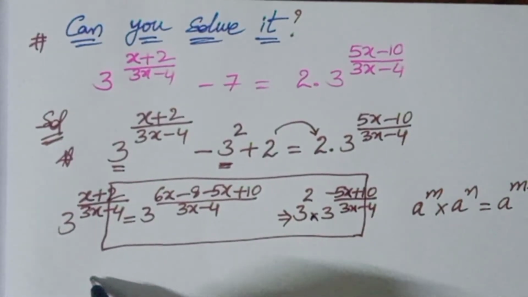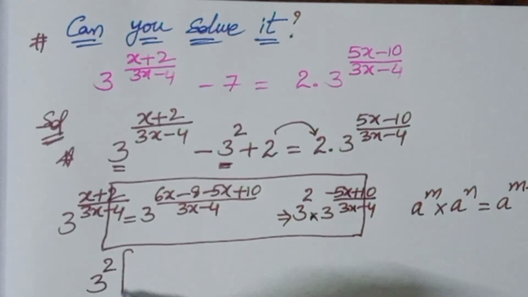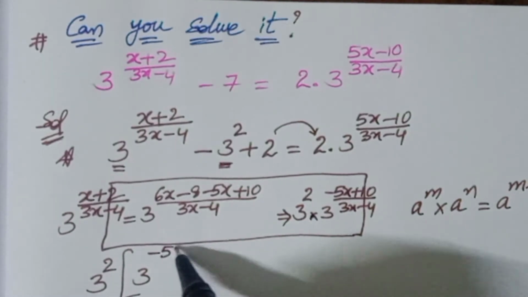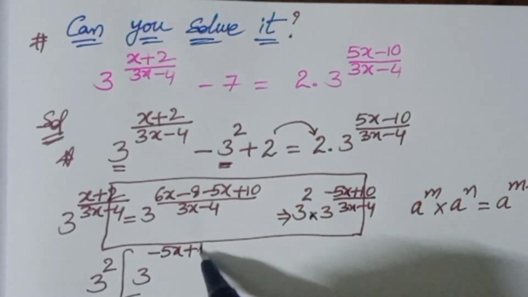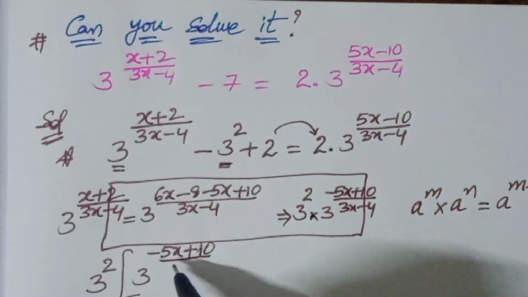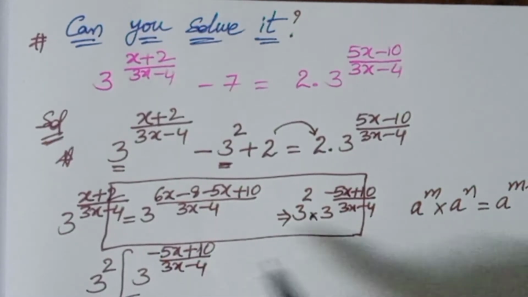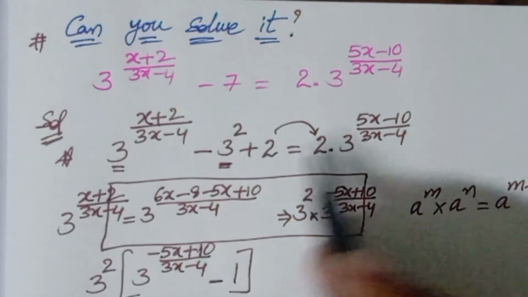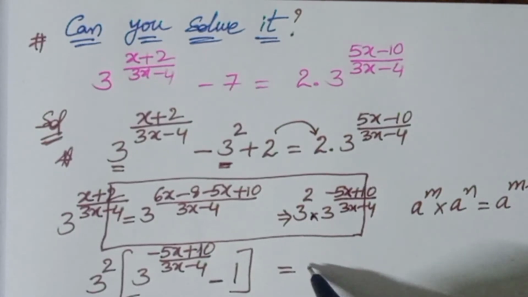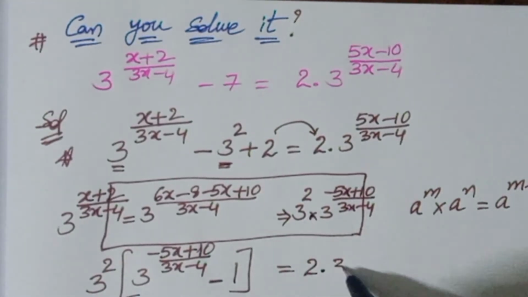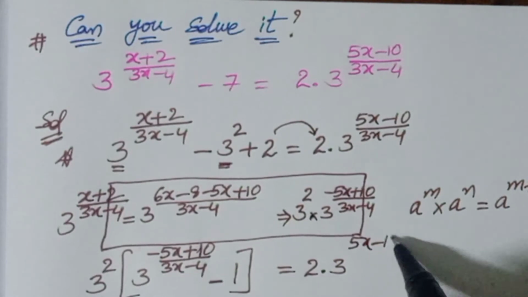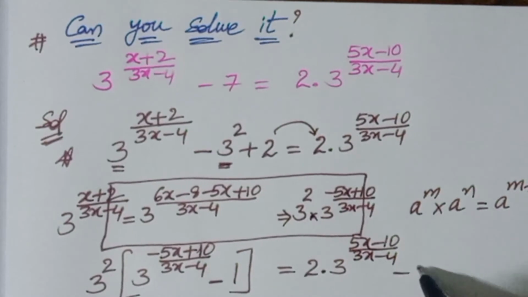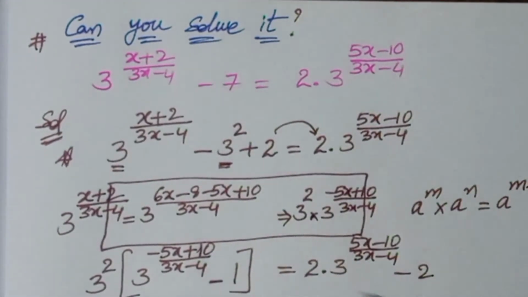By taking 3 square common, what is left here? 3 to the power of (minus 5x plus 10) by (3x minus 4), minus 1. So sending 2 that side: 2 into 3 to the power of (5x minus 10) by (3x minus 4), minus 2, plus 2 going that side, minus 2.